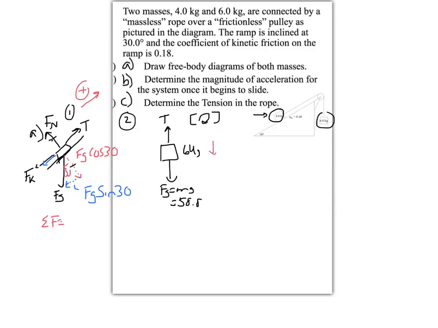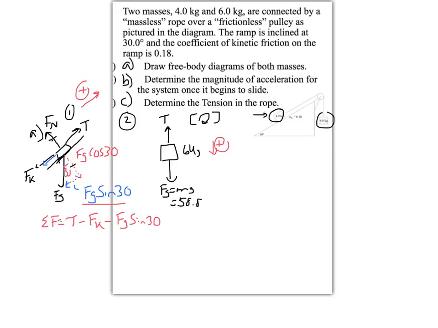It's going to be tension, because that's the big one, minus force of kinetic friction, because that's working the other way, minus this guy right there, because it's going left as well. So minus Fg sine 30.